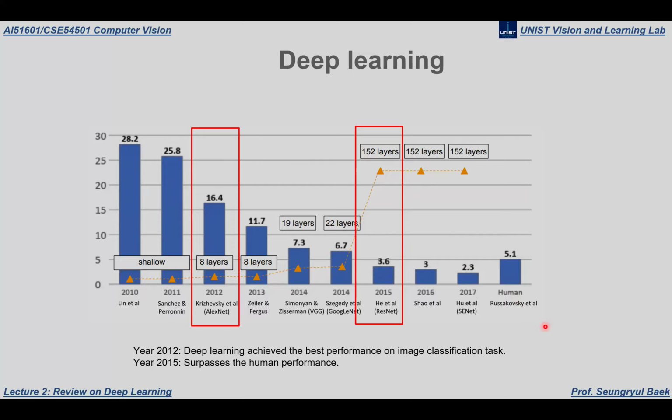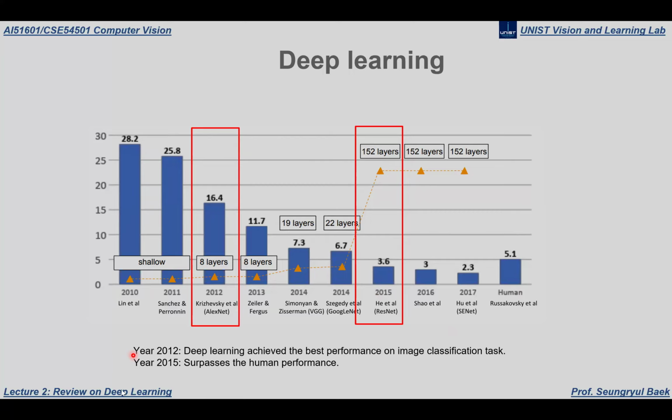When 100 images are given, humans tend to be wrong for 5 images. This is the normal human error on ImageNet, 5.1%. But in 2015, the ResNet architecture, a successful CNN with more than 100 layers, became more robust than human performance, recording a 3.6% error rate.